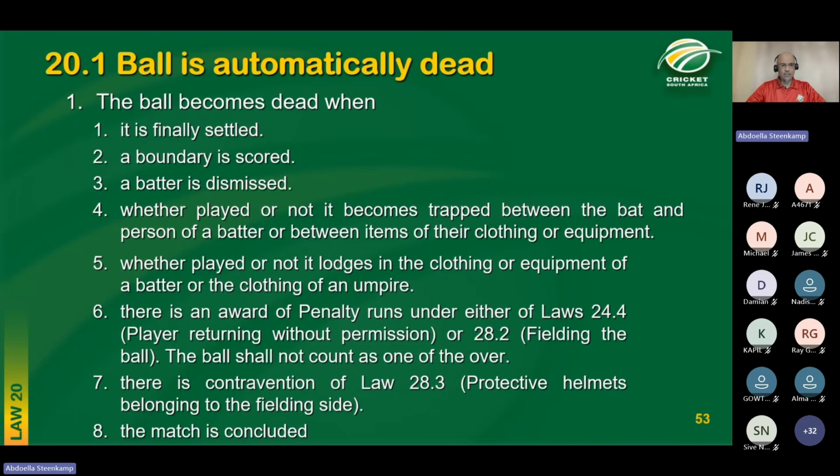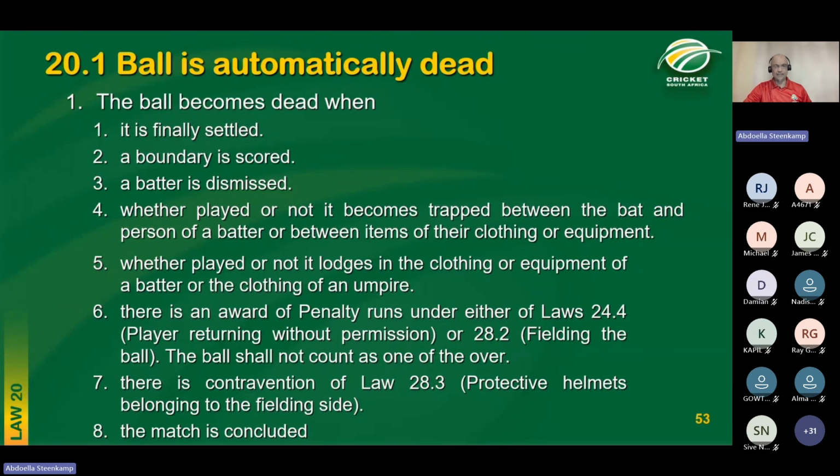As soon as a boundary is scored, ball automatically dead. As soon as a batter is dismissed, ball automatically dead. Ball gets trapped between bat and person of the batter or between items of their clothing, ball automatically dead. Ball lodges in the clothing or equipment of a batter or the clothing of an umpire, ball automatically dead. Ball also automatically dead if a player returning without permission touches the ball or illegal fielding took place.